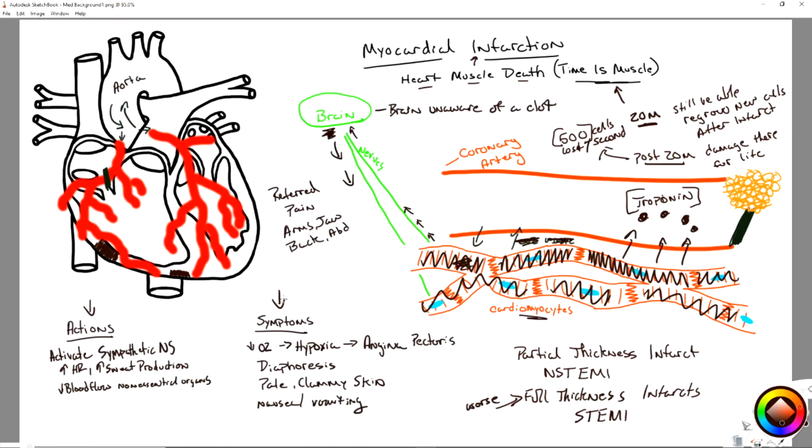Don't just go, do you have chest pain? Because if they have pressure, they're not going to always tell you, oh yeah, I have pressure. They're going to just deny pain, and then you're going to move on thinking it's not a cardiac problem. So always make sure you're asking for three things, okay? You're going to ask for pain, pressure, or I usually ask other discomfort, okay? And that covers all the bases.